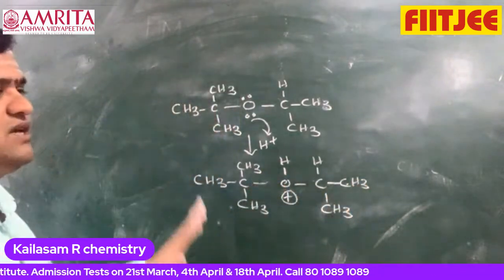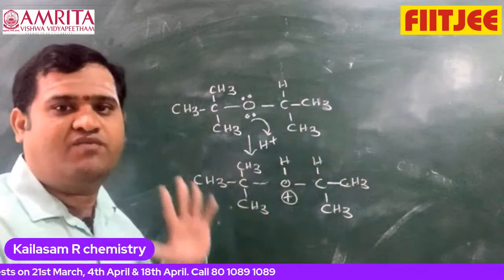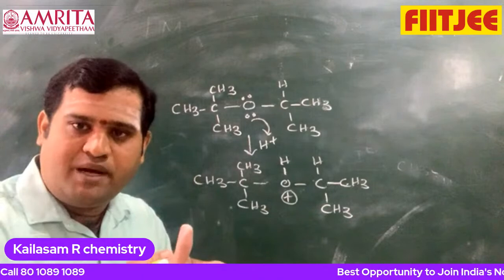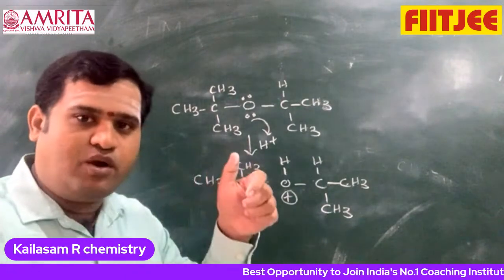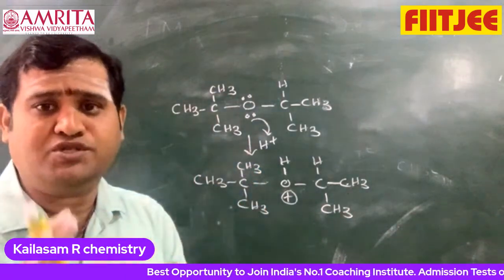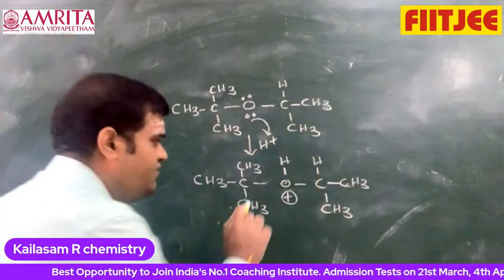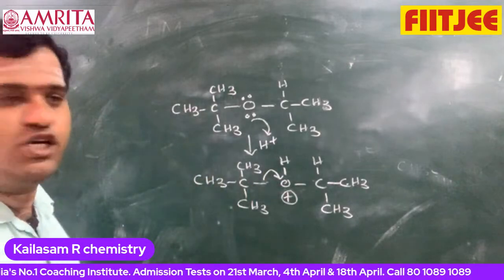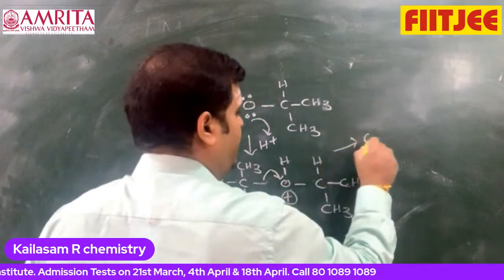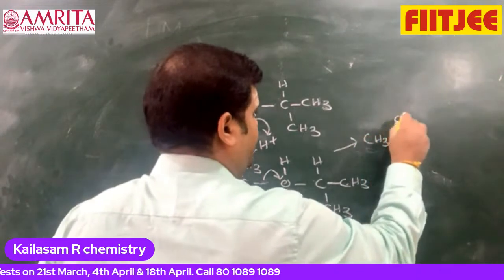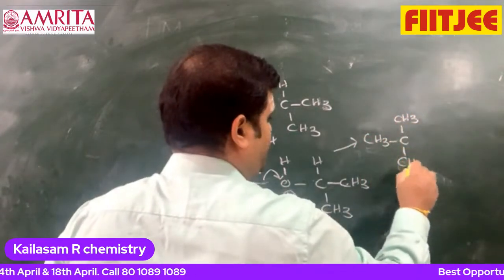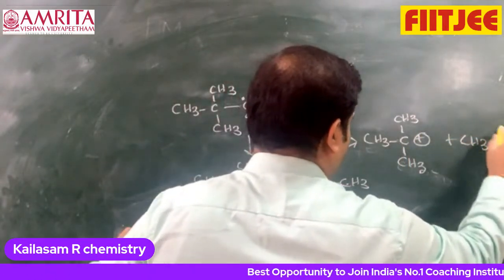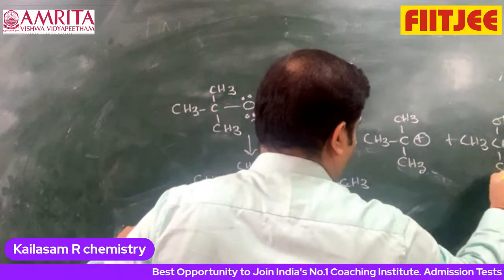Now I minus cannot attack the backside of either carbon. Why? Both these carbons are highly hindered. So now what is going to happen? The bond-breaking process, and we have to see which bond breaking produces the stable carbocation. Once the bond breaks, it produces the stable carbocation. A tertiary carbocation is produced, plus CH3OH.